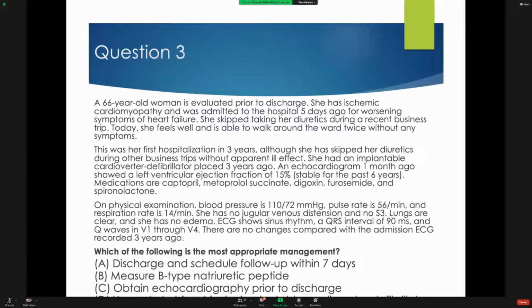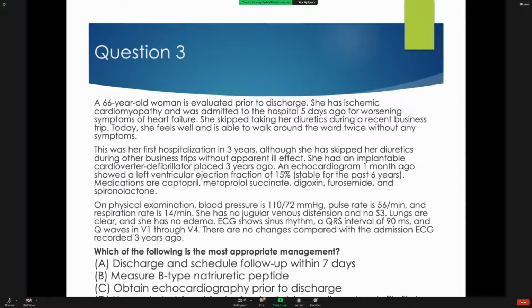On physical examination, blood pressure is 110/72 mmHg. The pulse rate is 56 beats per minute, and respiration rate is 14 breaths per minute. She has no jugular venous distension and no S3. Lungs are clear, and she has no edema. ECG shows sinus rhythm, a QRS interval of 90 milliseconds, and Q waves in V1 through V4.